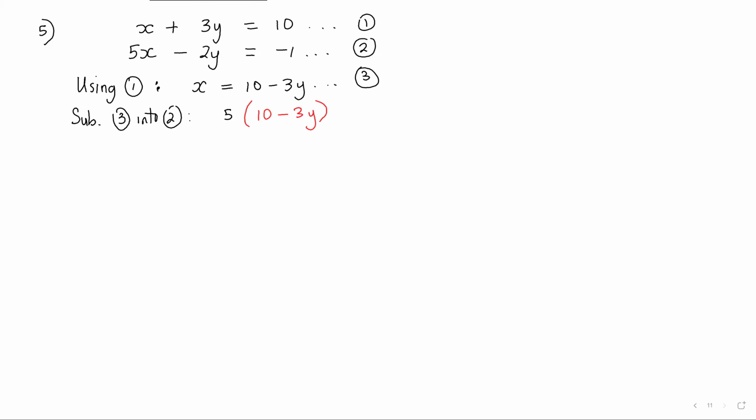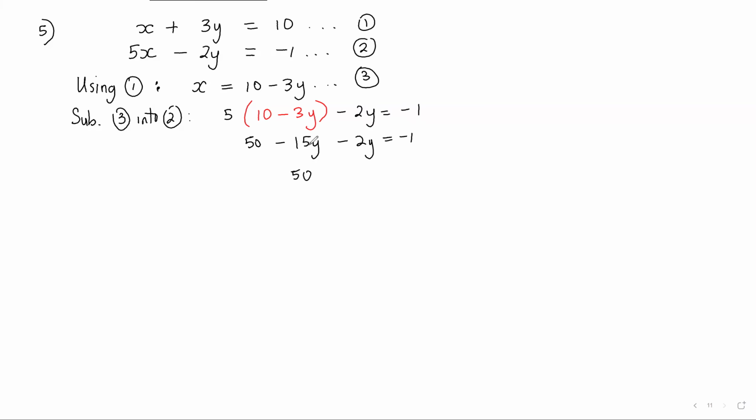That's what x is equal to. And that minus 2y is equal to -1. Let's expand our brackets and simplify. So 5 times 10 is 50, and 5 times minus 3y would be minus 15y, minus 2y is equal to -1.